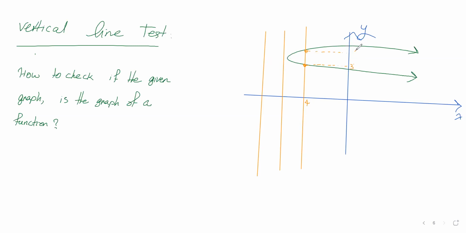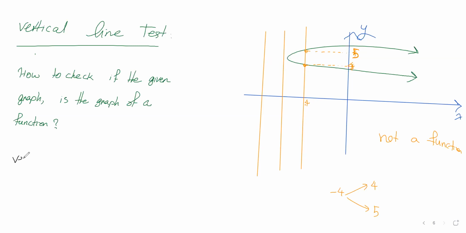Let's say this is 3 and this is 4, and this is 5 and this is 4. So at x equal to -4, -4 is mapped to 4 and also to 5. In other words, this is not a function, right? Why? Because of the vertical line test. There is a vertical line that intersects your graph at more than 1 point. Therefore, it's not the graph of a function.